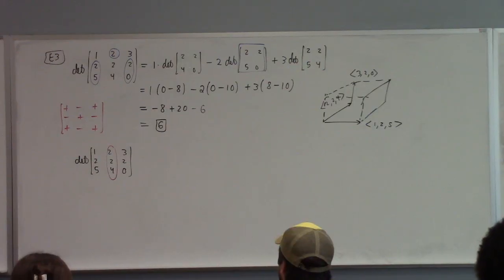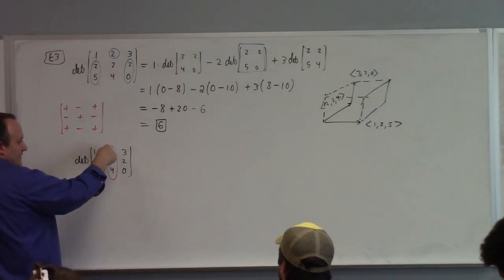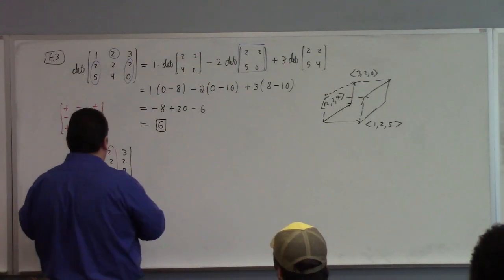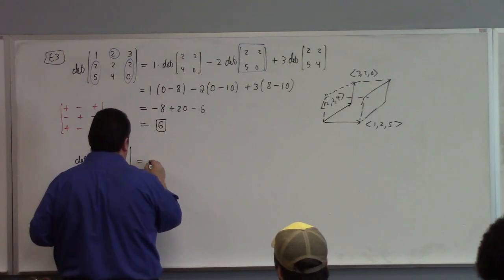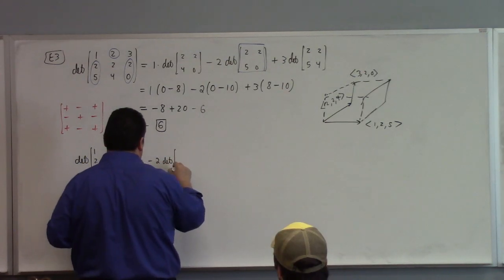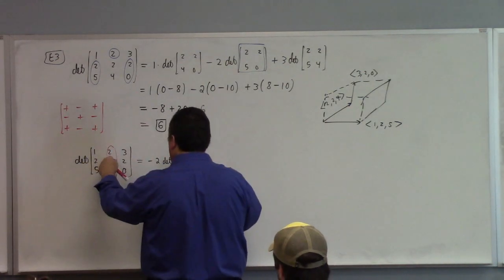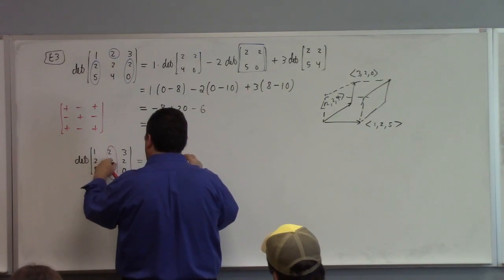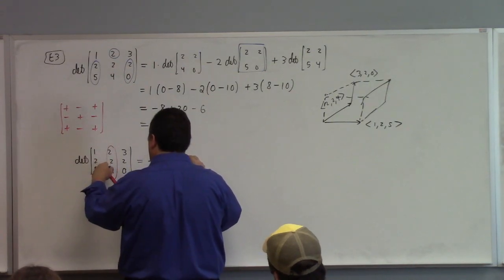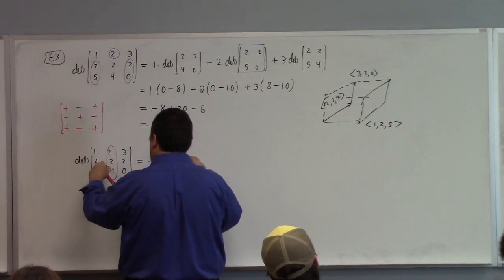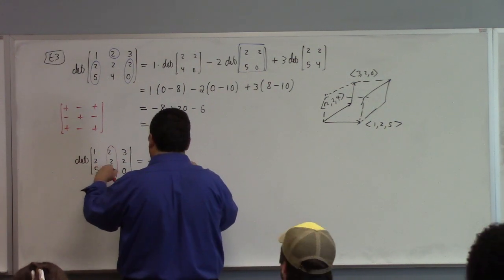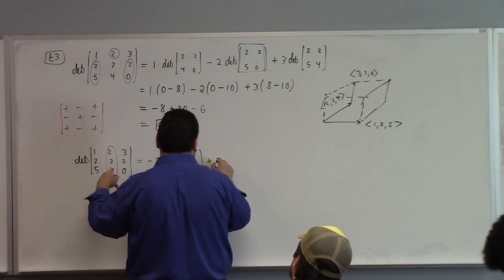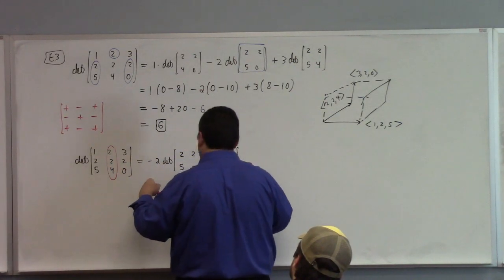So if I expand here on this 2, 2, 4, I have to be guided by this: I do minus 2 times the determinant of the things that are not paired to that minus 2, namely, I gotta think. This 2, that 5, 2, 0. And then I do plus 2 determinant of.